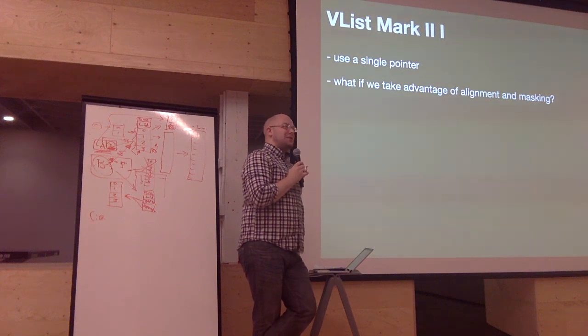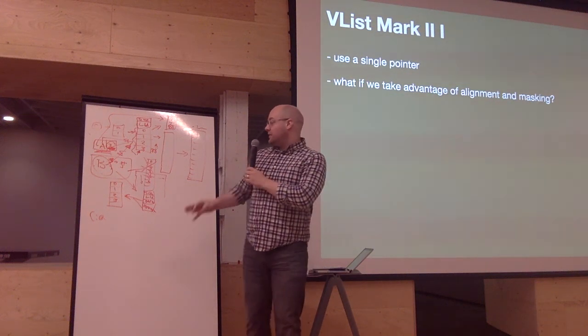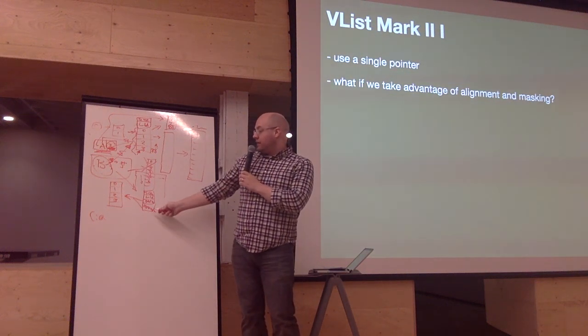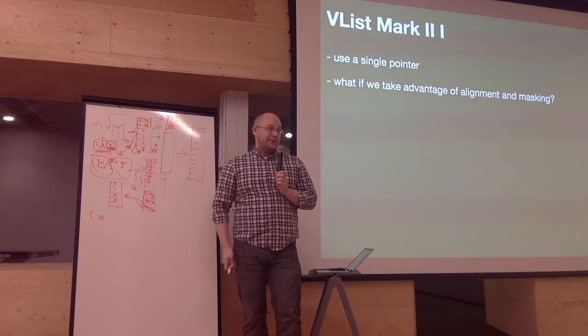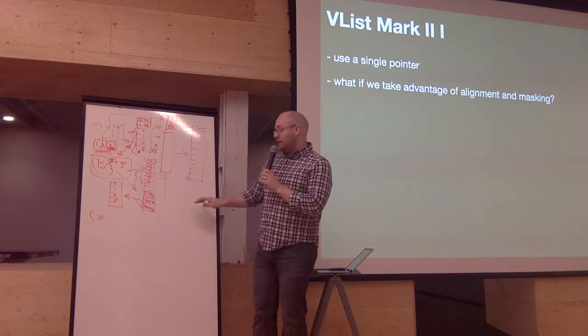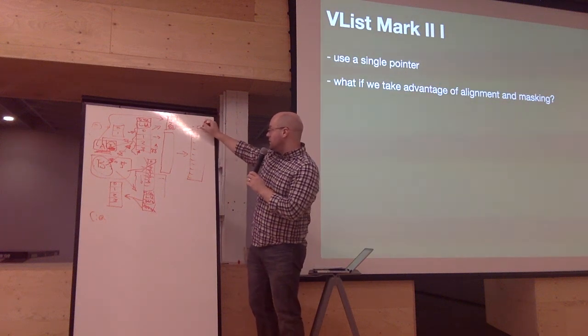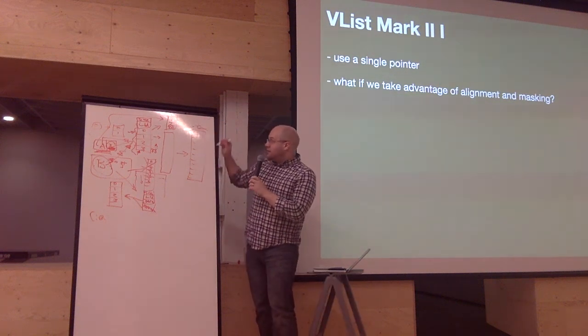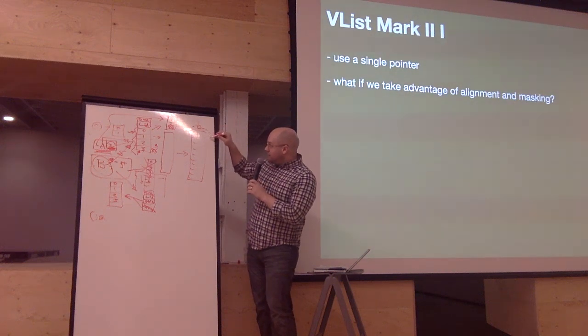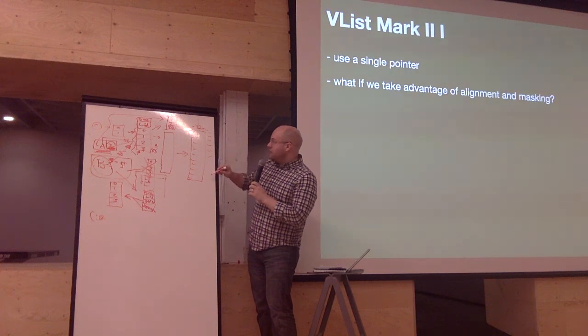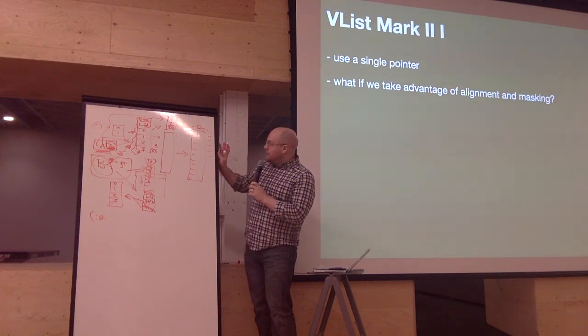So how do we use a single pointer instead of using this offset here? Well, one thing that we might be able to take advantage of is the fact that if we consider this the memory of the machine, these are addressed. Every one of these memory cells is addressed, in binary.